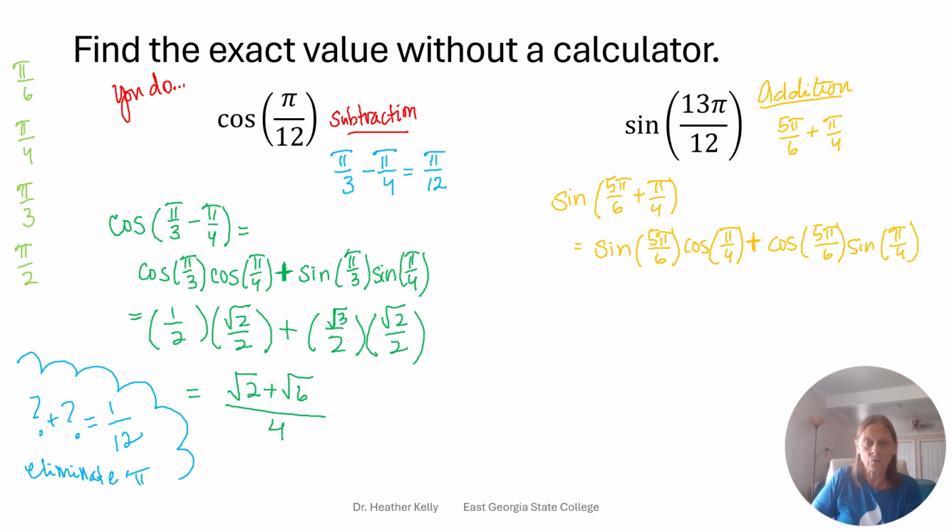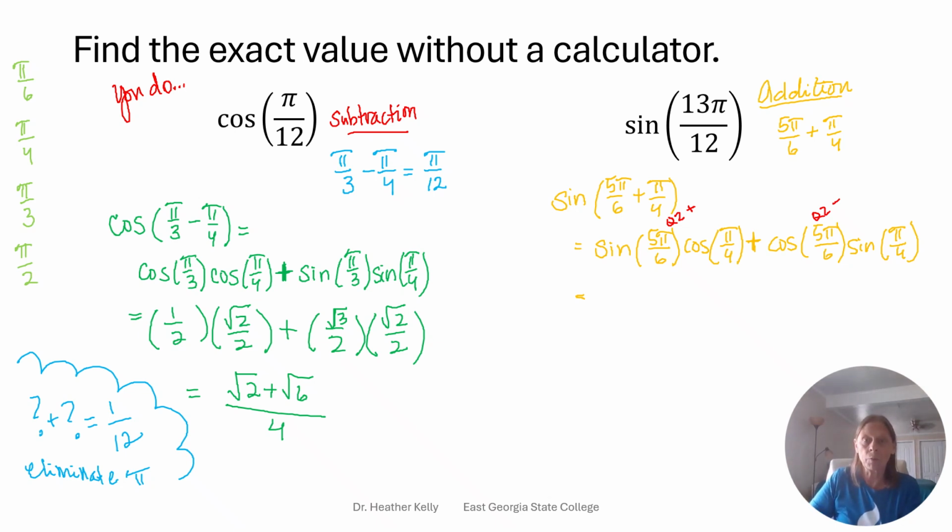And then let's just figure this out. Of course, sine of 5 pi over 6 is quadrant 2, so it's positive. Cosine of 5 pi over 6, quadrant 2, is negative. I always make those notes so I just don't forget.